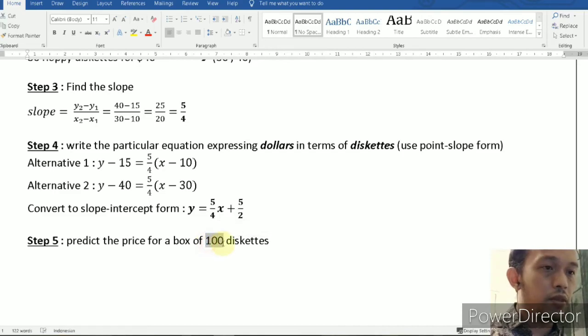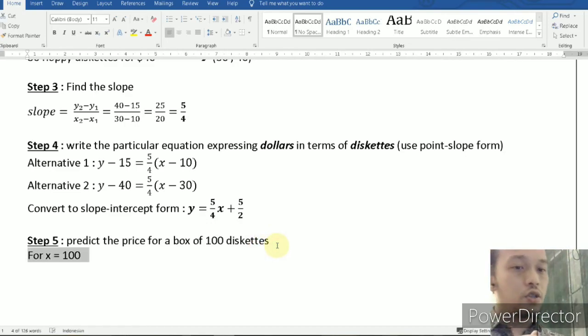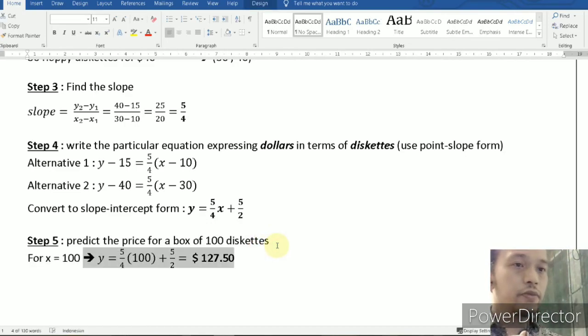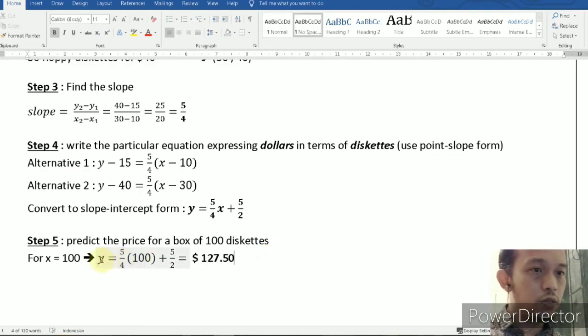That is how mathematical language expresses this sentence. So for x equals 100, you just substitute x by 100, and this is the final calculation: $127.5.